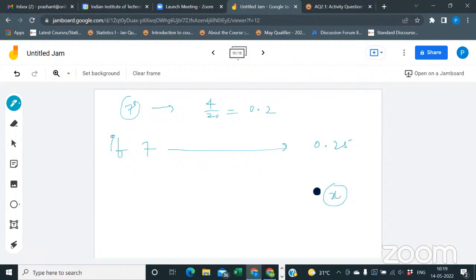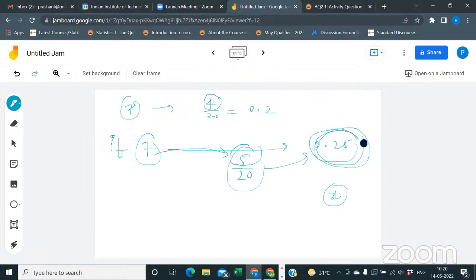At what point will it be 0.25? Only when it is 5 divided by 20. That means in the given data, your 7 appeared 4 times. If 7 appears 5 times, only then it will be 0.25, right? That's why X should be 7.